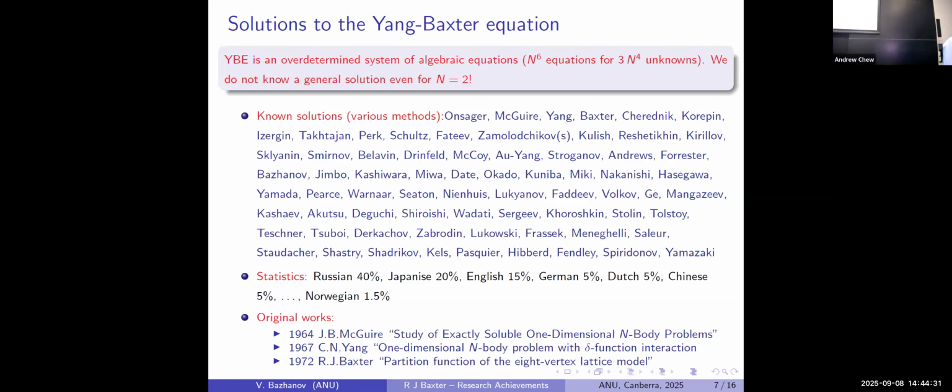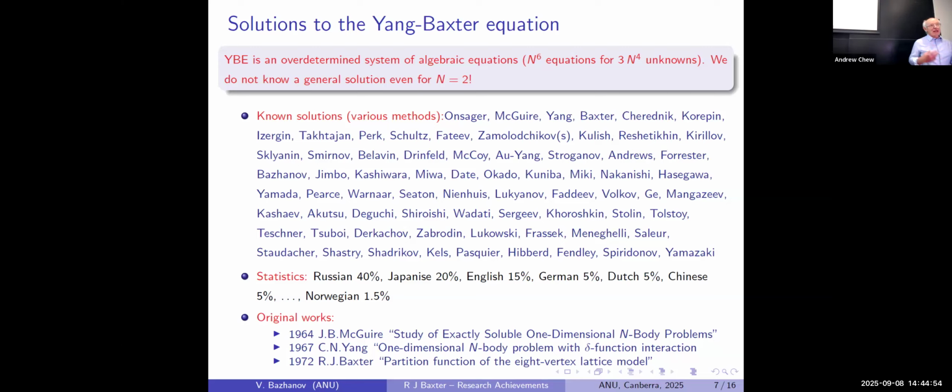And as we heard from Murray's lecture, in '72, Rodney with Elizabeth went to Stony Brook on the invitation by Yang to give lectures about the 8-vertex model. And he spent there a few months giving lectures on the 8-vertex model.